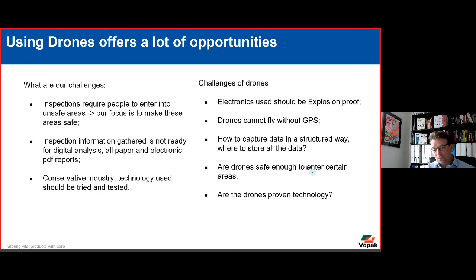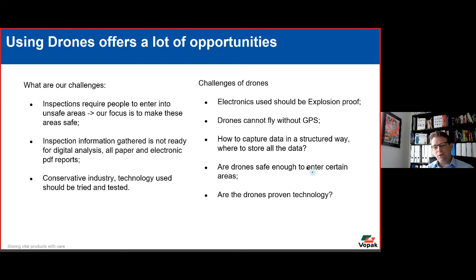Now, fourth question, are drones safe enough to enter certain areas? Because you introduce a flying object or a driving object in an area where normally things do not fly. So we need to make sure that it's safe to fly or safe to operate. And finally, is it proven technology? Because if we want to use a drone, we want to make sure it really works at all times, so that it can't just fail.